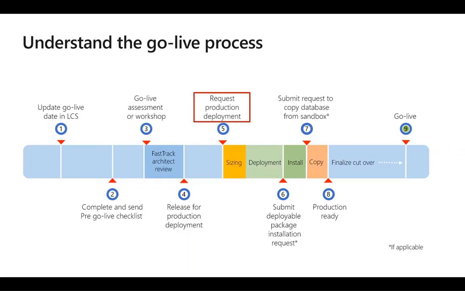The customer should request the production deployment and submit it to Microsoft only after the FastTrack architect has finished the assessment. As an earlier part of this step, the sizing team should have informed the customer of the topology needed in the pricing option.